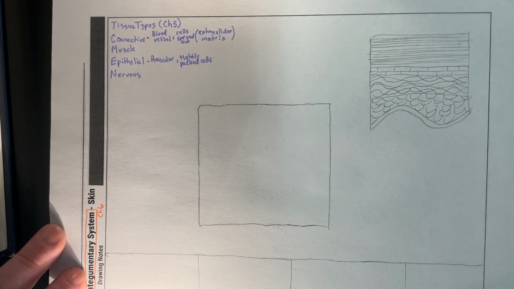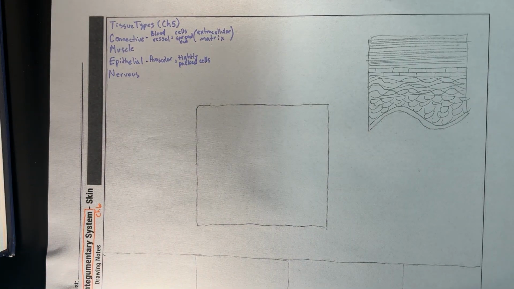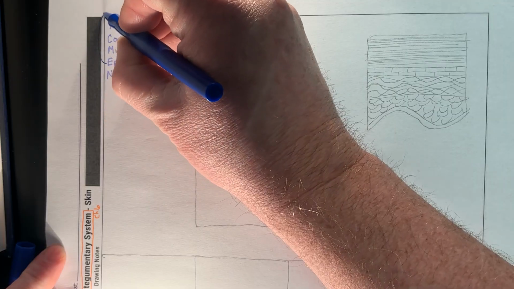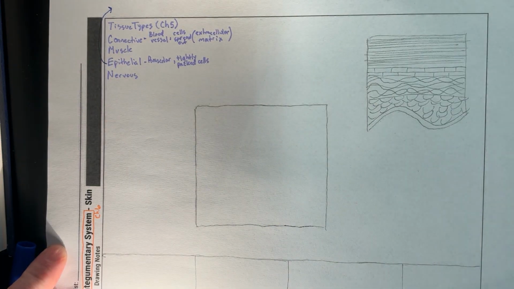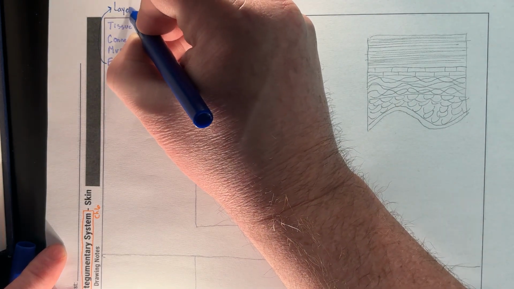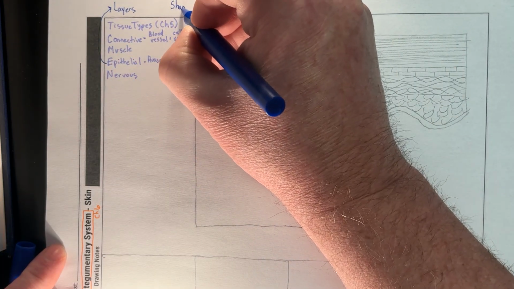Before we dig a little deeper, since we're here, let's do a little dive on epithelial tissues and put a note in the margin. So epithelial tissues, there are different types, and they're mostly based on how many layers they have and what is the shape of the cells.